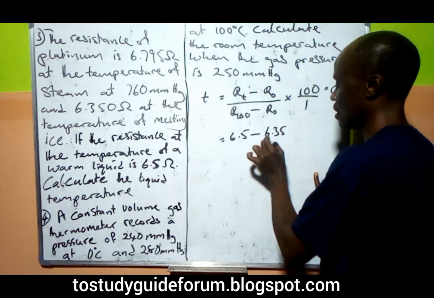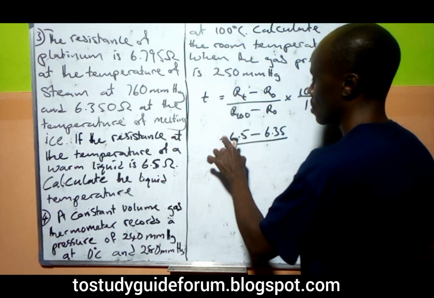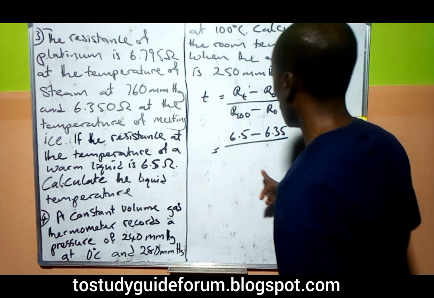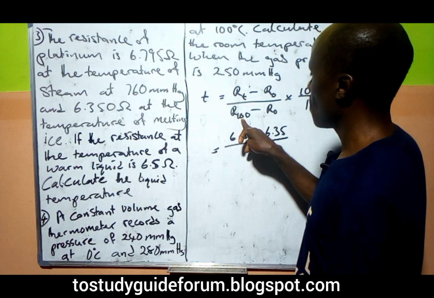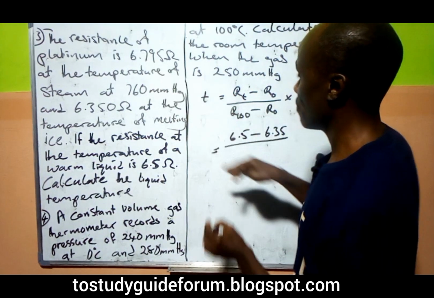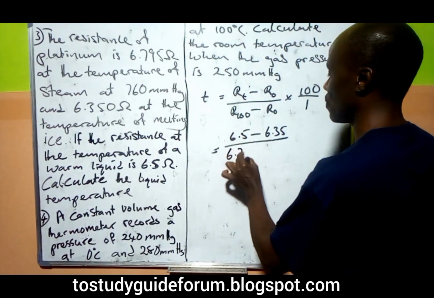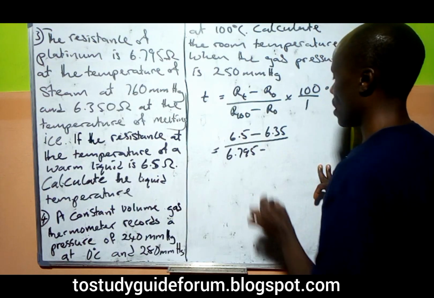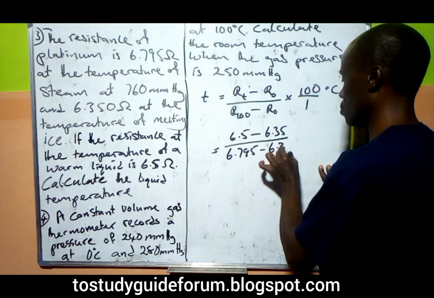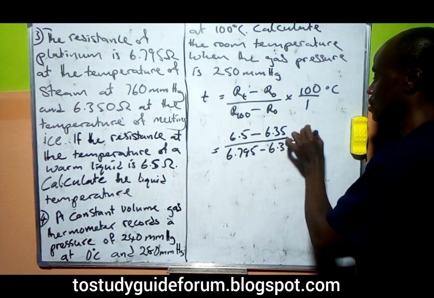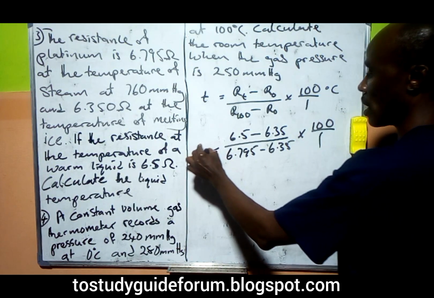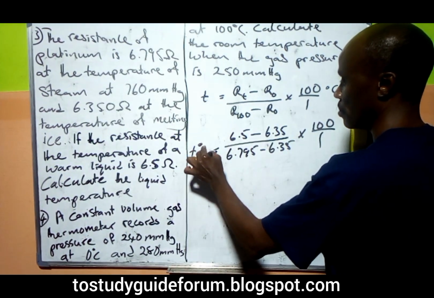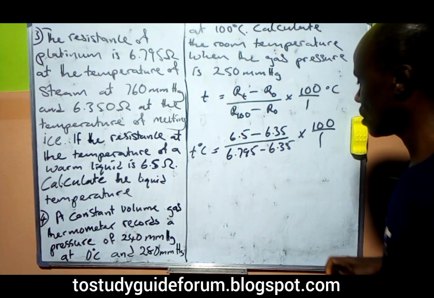We can leave that 0. So the next one we have that of 100 degree, we have 6.795 minus that of 0, then times 100 over 1. We'll be looking at our T here in Celsius.